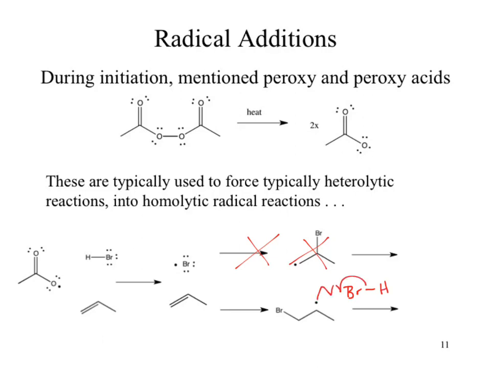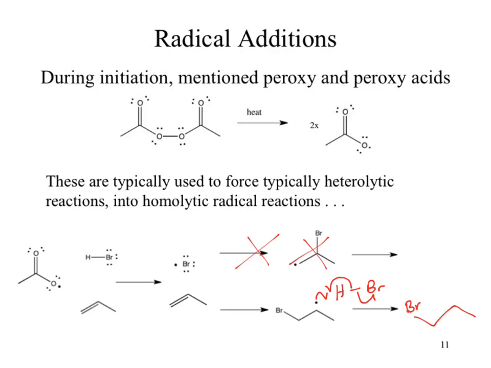That's not a particularly likely situation because we end up forming a hydrogen radical. So what reacts instead is our hydrogen reacts with our radical. We end up reforming our bromine radical, and we now have our final substitution product with the bromine at our least substituted position.